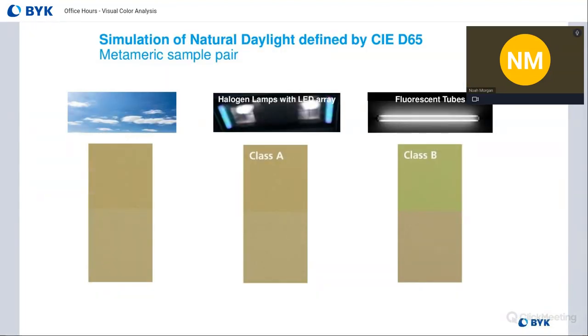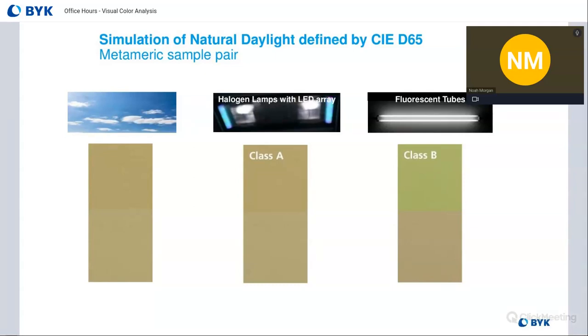And so to show you the difference between these different classes, this is perfect daylight here, and you can see there's a slight difference in them. And then under Class A, it almost matches perfectly to what that natural perfect daylight is. And then you look over here to the Class B, and they're completely different. And so that's one way to think of it.